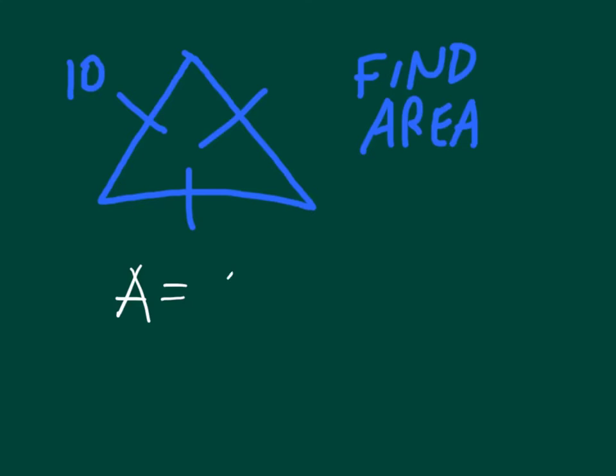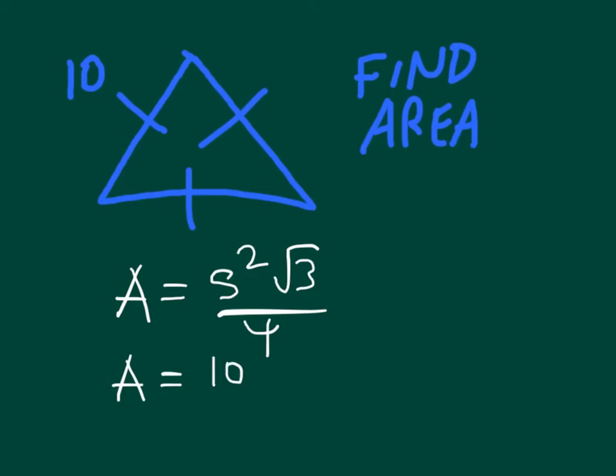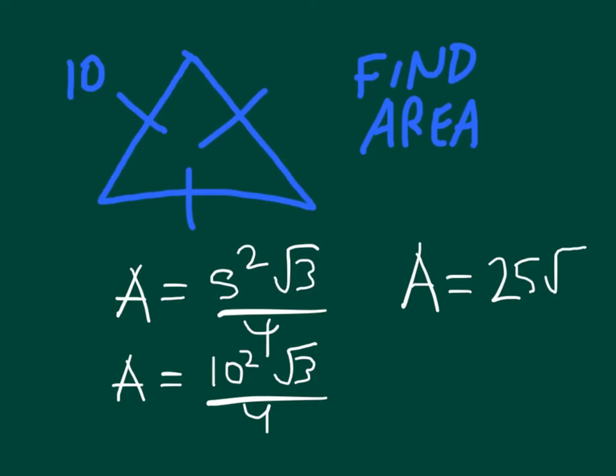The area in general is side squared √3 over 4. And then when I fill it in, it's 10 squared √3 over 4. And so the area is equal to 100 over 4, 25 √3, and that's in square units. So that's a quick, straightforward problem.